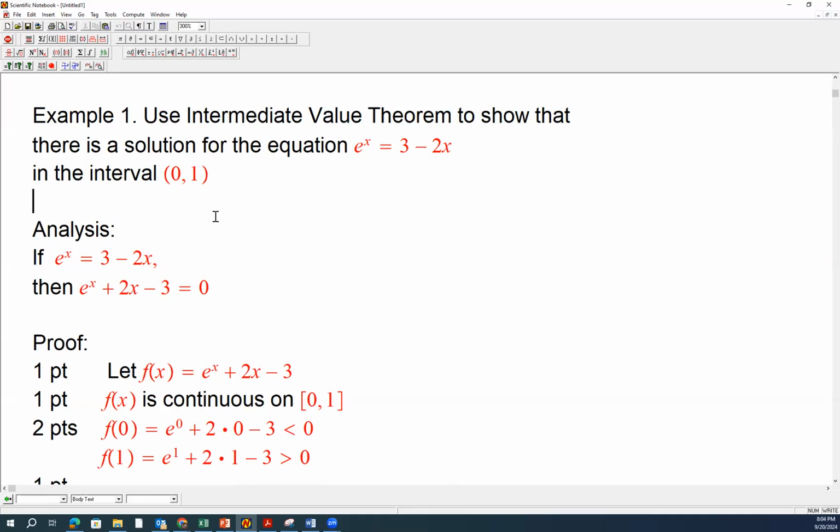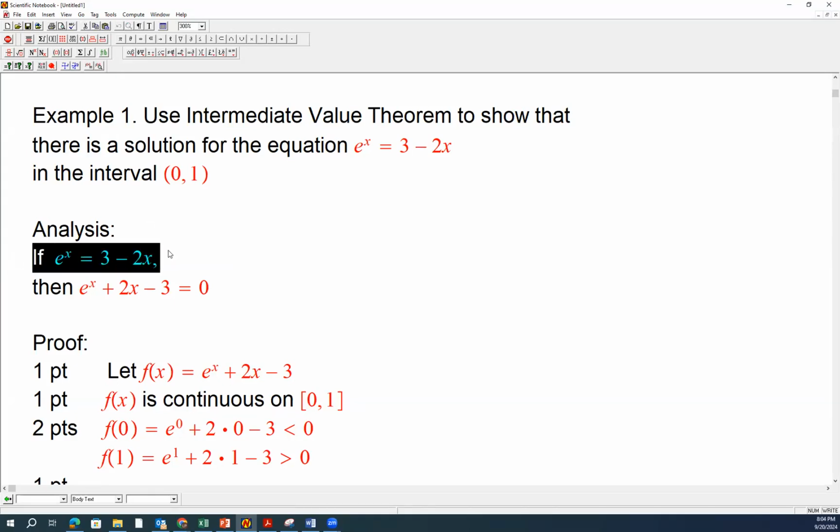For example, in the analysis, how do we construct the function? In this question, we were not given the function. We have to figure it out.